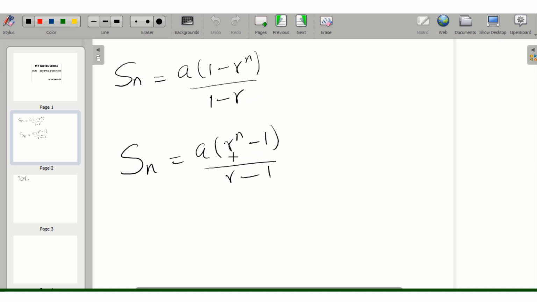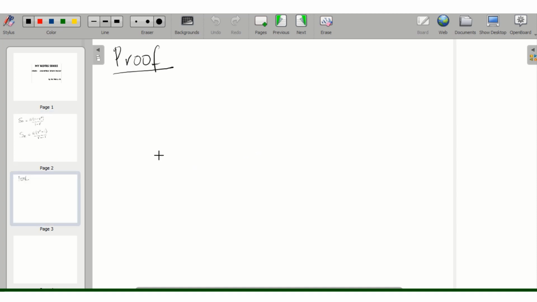The order is important. So just as we did with the arithmetic sequence, Sn is T1 plus T2 plus T3 and so on up until we get to the nth term. So we can write this for a geometric series.